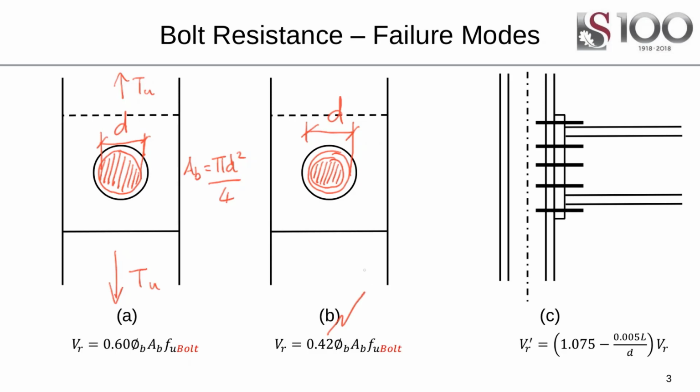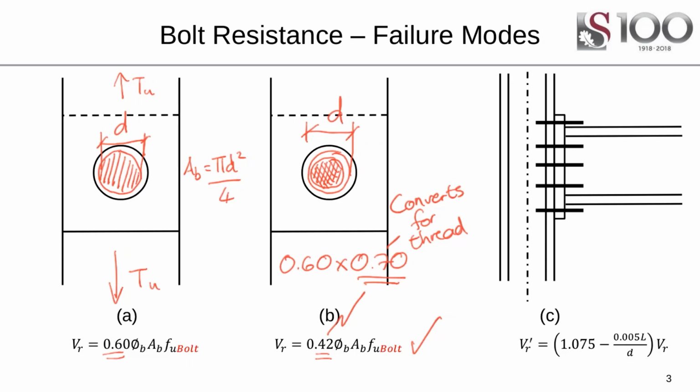So this 0.42 is actually 0.60 from the first one times 0.7. And that 0.7 converts for thread. It converts the area into the sort of threaded area. So we end up with the reduced cross-sectional area in the middle. So yeah, that's why then you have the reduced one. And this is the one we normally use.